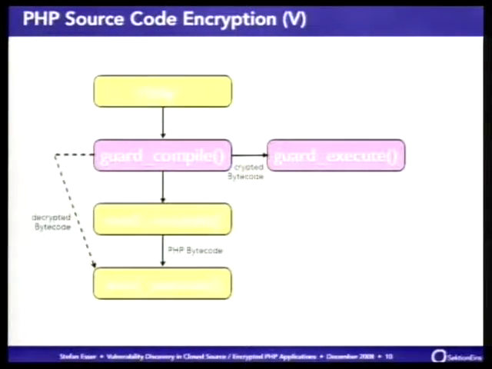It will hook in between the PHP source code and the PHP compiler, and replace the compiler with something called the Guardian compiler. The Guardian compiler first checks if this is actually a SendGuard encrypted file, and if it is, it calls its own routines. Otherwise, it just passes the file to the original compiler.